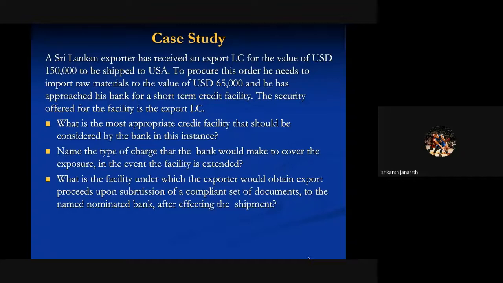So that is the facility you can consider. Discounting will not come in because this is an LC, so it would be negotiation of documents. That is the facility they offer, right? So negotiation of documents is the facility.